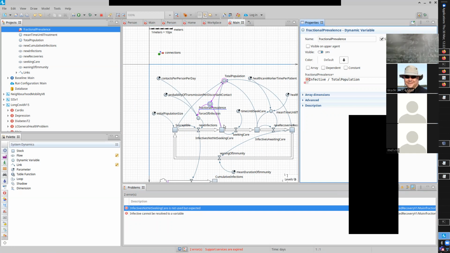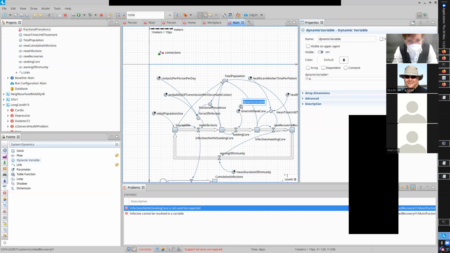We want to compute the fractional prevalence of people in the population who are infected. How do we have to fix up that? Yeah. Okay. You got it. You have to sum up the infectives. So here we go. We're going to have a total infectives, right?